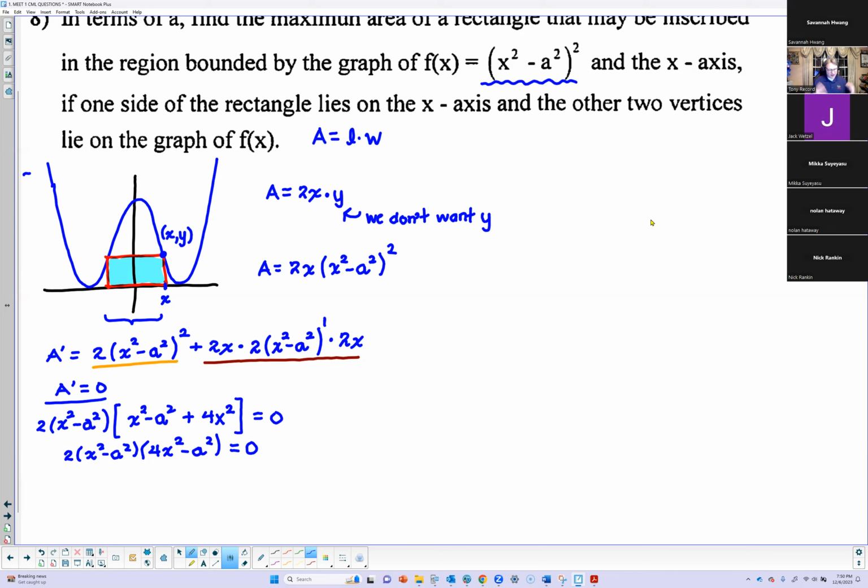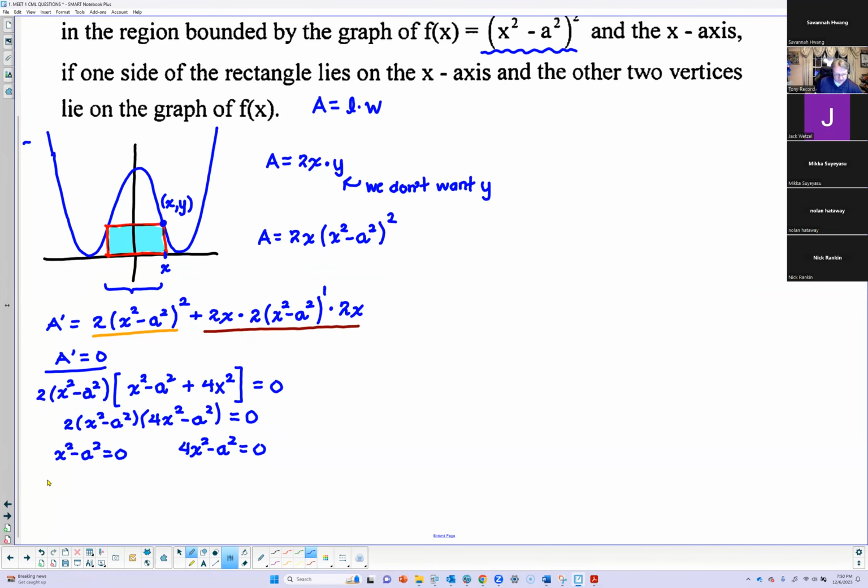So how do we solve these equations? Well, we just set the x squared minus a squared equal to 0, and we'll set the 4x squared minus a squared equal to 0. And we just slowly but surely solve it for x, right? And the way that you want to do that, you guys, is probably by factoring, because I'm afraid if you guys add a squared over and take the square root of both sides, maybe you'll forget the plus or minus.